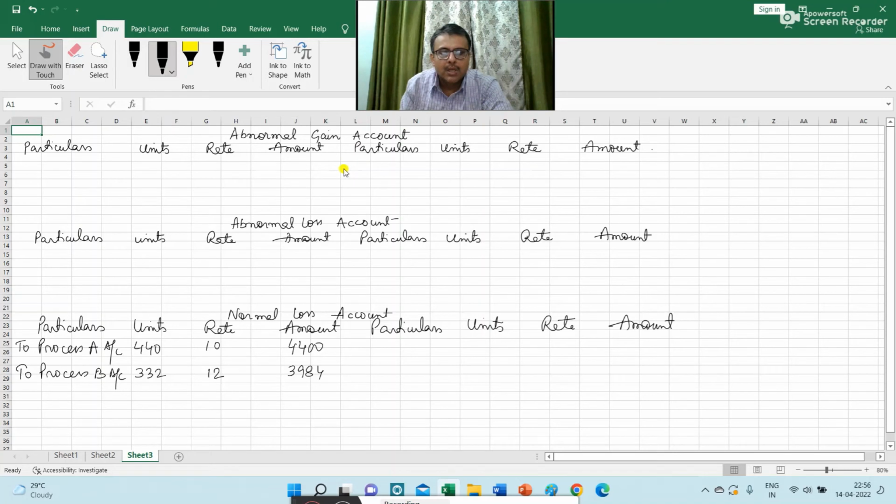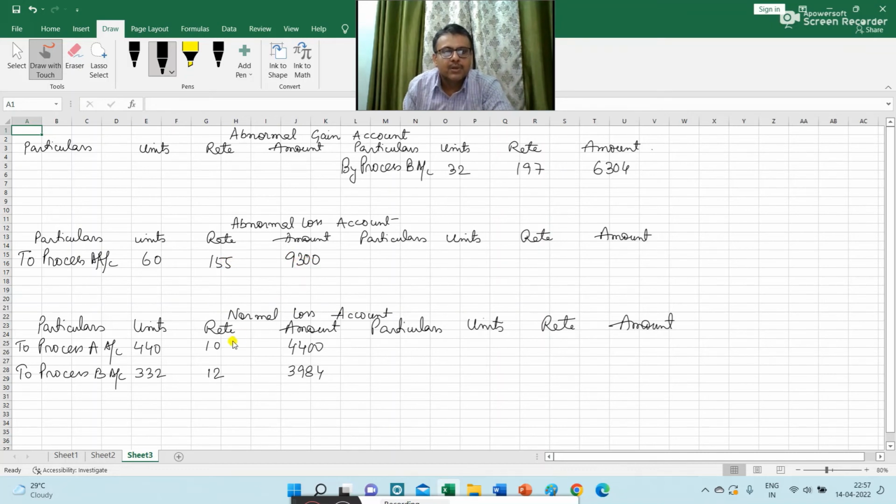So here I am writing by process B account, 32 units, 197 and 6,304. And the abnormal loss which is recorded in process A account, I am transferring it from process A. So to process A account, that is 60 units, 155, 9,300.